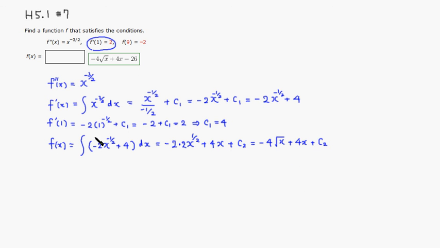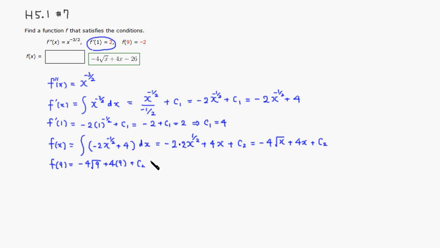All right, so we plug in 9. f of 9 is supposed to be, if you plug in 9 there, negative 4 times square root of 9 plus 4 times 9 plus C2.